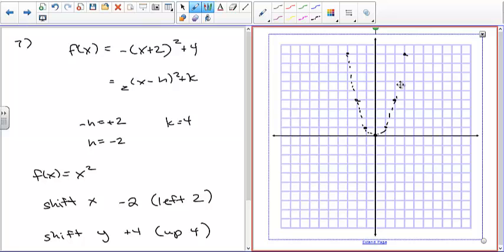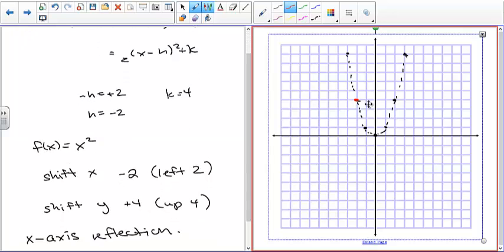Okay, so now what you're going to do is you're going to shift this vertex. That's kind of like the anchor of this whole thing. So we're going to shift it 2 to the left, up 4, which puts you right there. But we have this x-axis reflection, so instead of going up like this, it's going to go down.